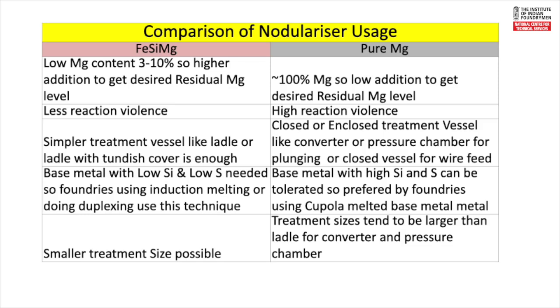The reaction violence tends to be a little lesser with ferrosilicon mag as compared to pure mag. That's why in most of the pure mag processes you will have an enclosed vessel, like a converter or pressure chamber for plunging or wire feed, while simpler treatment vessels like ladles or ladles with a dish cover are enough here.